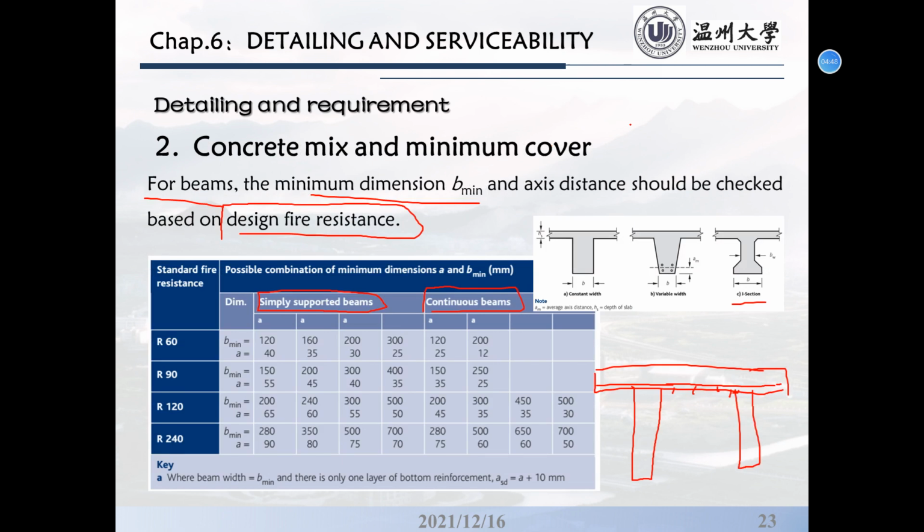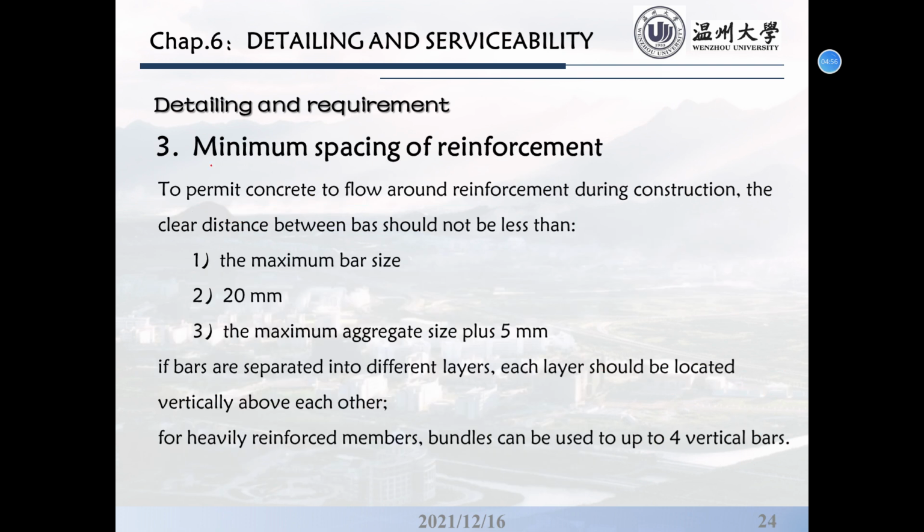This is an index about cover. What else is about the spacing of the reinforcement? Students may have noticed that if at the bottom we put 2 reinforcement bars, it's easy, right? Just like at these corners.